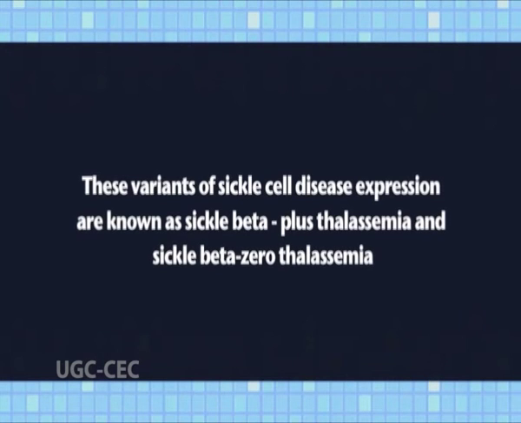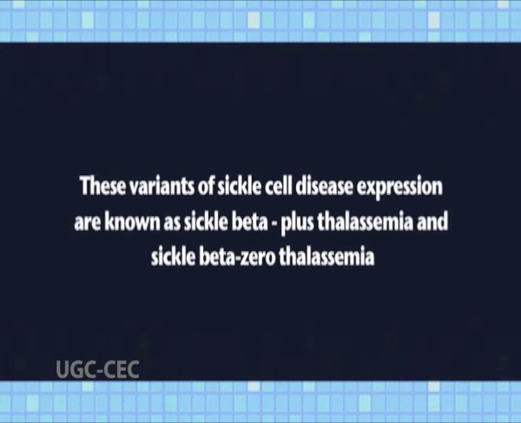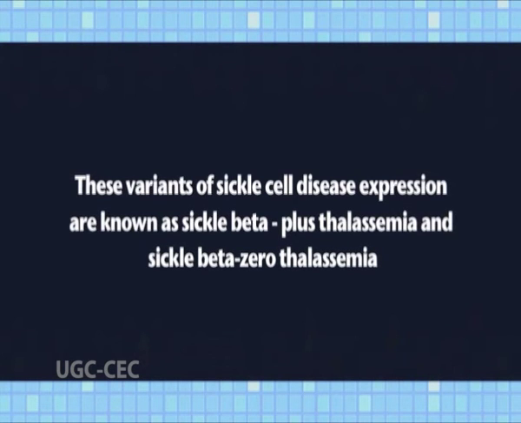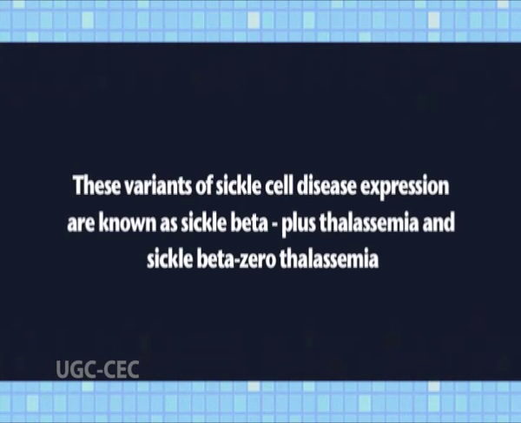Non-sickling beta hemoglobin disorders such as thalassemia can interact with a sickle cell disease mutation to cause clinically significant disease. These variants of sickle cell disease expression are known as sickle beta plus thalassemia and sickle beta zero thalassemia.